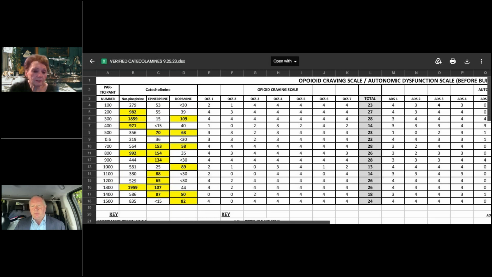I also noticed that the level 4 is the highest level, and there are tons of level 4 in there. In the original scale, we used a 4. We increased it a little bit to the 5 because there were so many 4s. But yes, and what that means is these people are suffering greatly. And when they suffer greatly, they crave an opioid in a manner that they cannot resist.